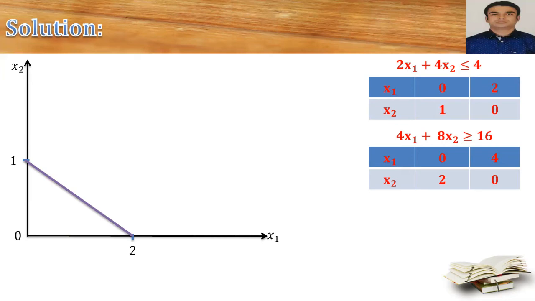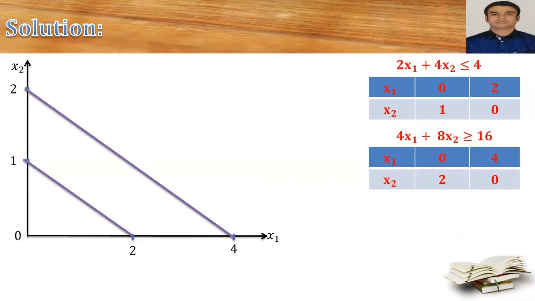Now for the second constraint equation, 4x1 + 8x2 >= 16, mark the first point (0, 2) and the second point (4, 0). Join both points. This is the line for our second constraint equation.